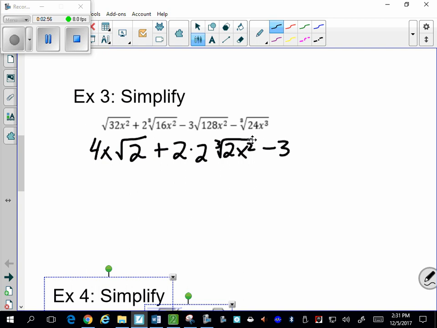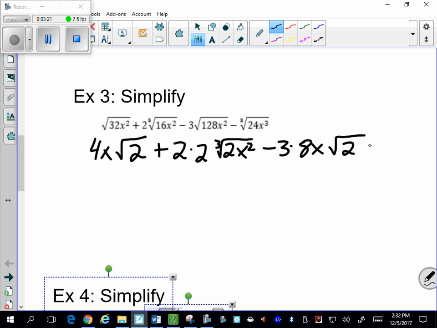And it's multiplied by the square root of 128. The biggest perfect square that can divide out of 128 is 64. And the square root of 64 is 8. And the square root of x squared is x. What's left underneath the square root is just a 2 from the 64. Times 3 is 24.